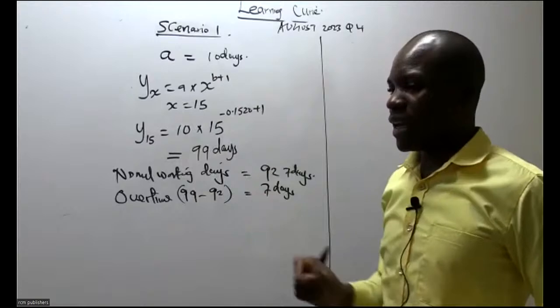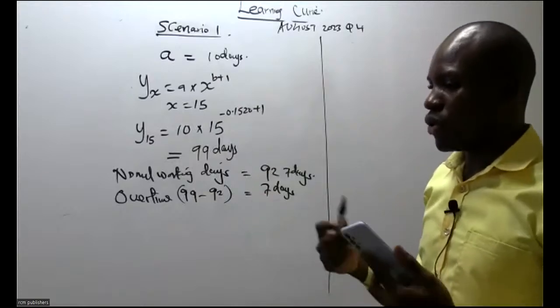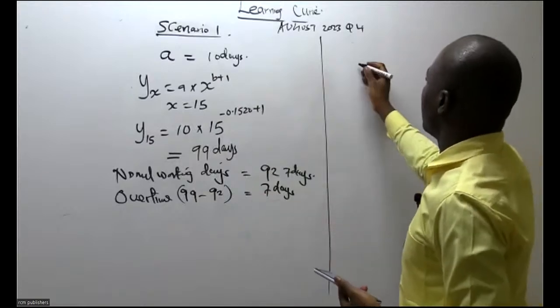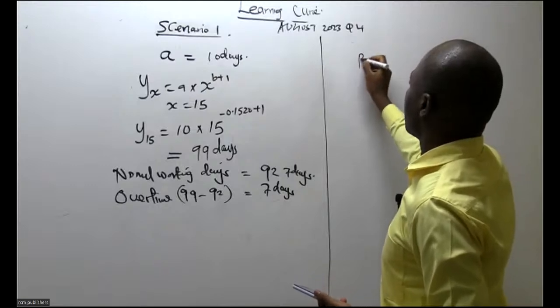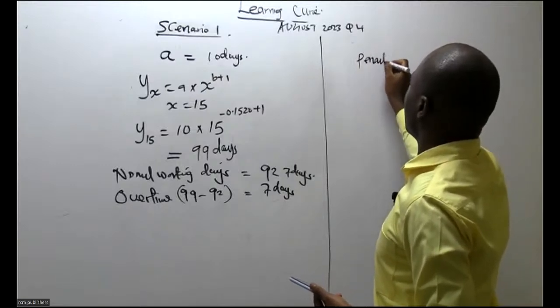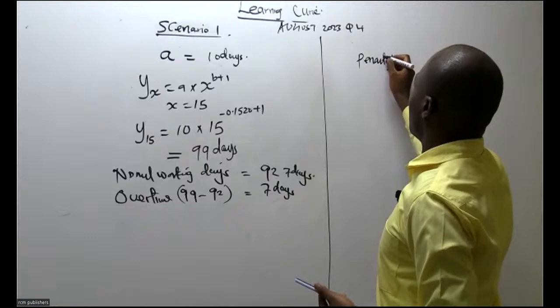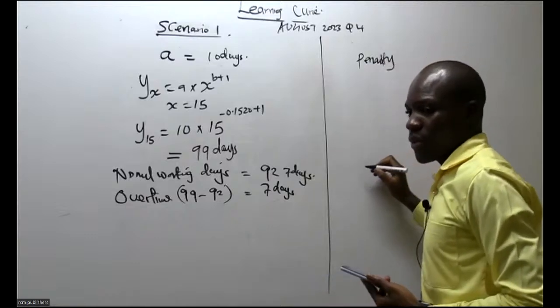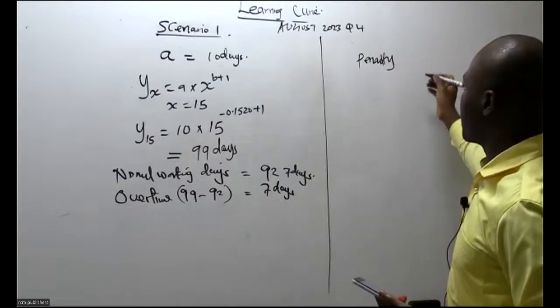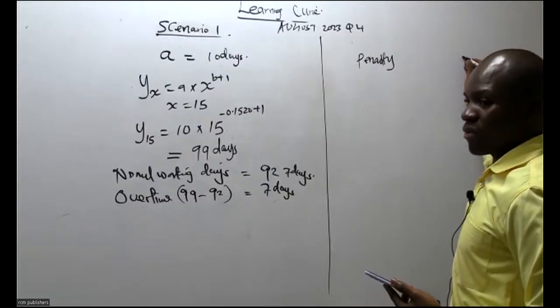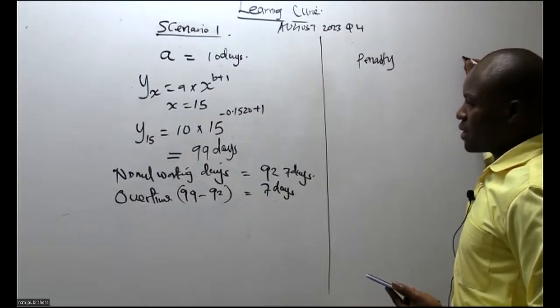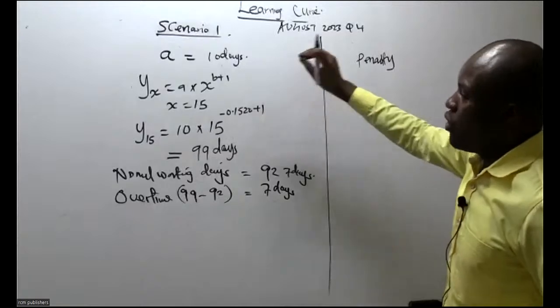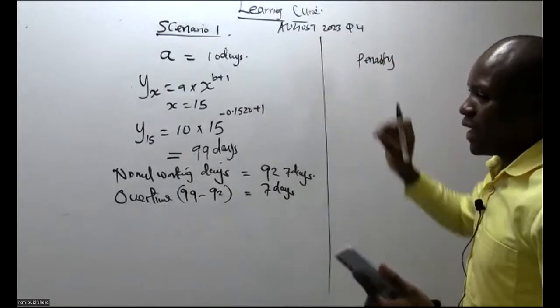So what will be the penalty? The cost of producing these buses. So, are we able to see the penalty? Per bus. Under this scenario, you are only penalized if you deliver late.